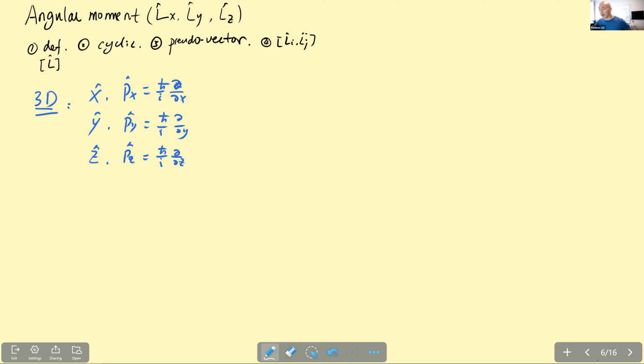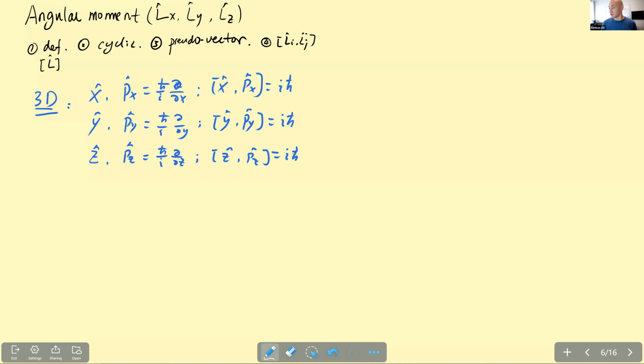Now you can say that all of these have the same commutator as we had in the one-dimensional case, right? Of course, this is intuitive, right? You must have this, because if you just look at the one-dimensional motion in the x direction, y direction, z direction, they should be the same. So that means they should have the same commutators.